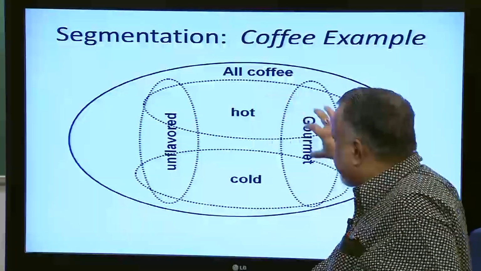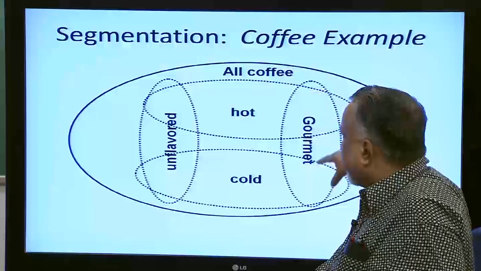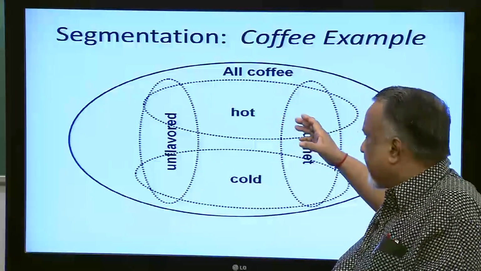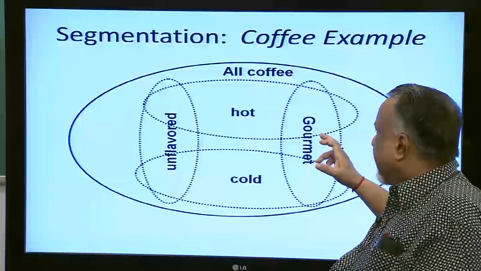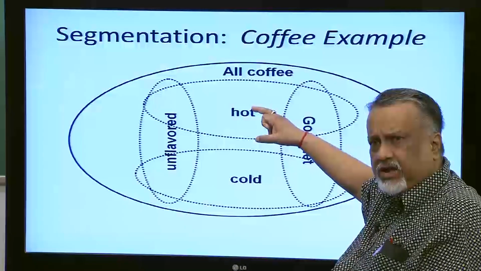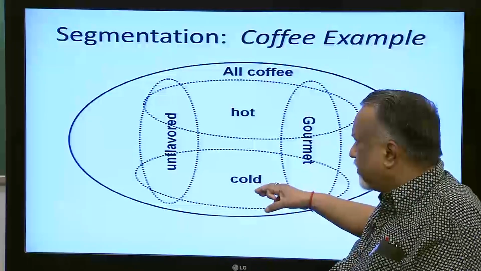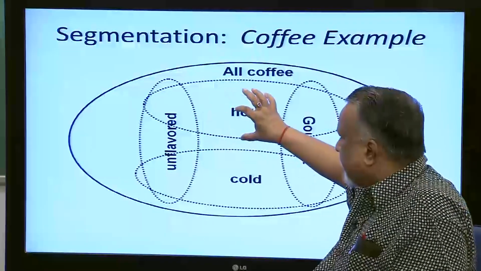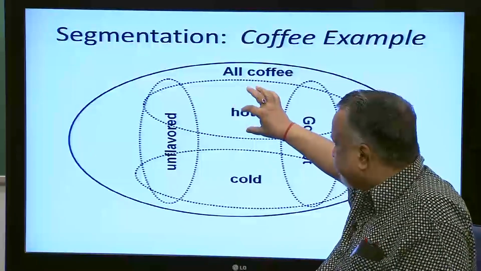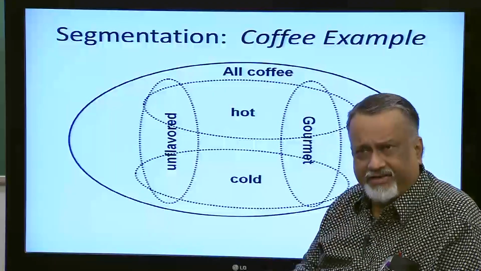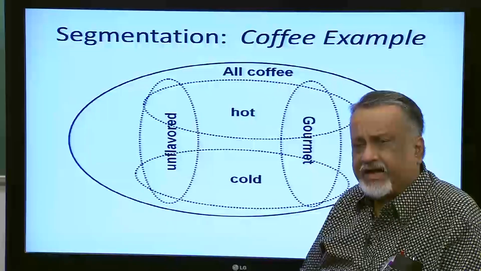So, these can be different blocks, or in many food and beverage products there are these kinds of overlaps. So, you can create an appeal for gourmet coffee served hot, gourmet coffee served cold, strong coffee served as a concoction served hot like the cafe espresso, and so on.